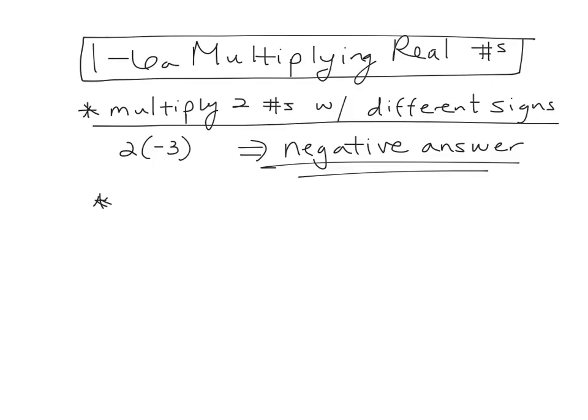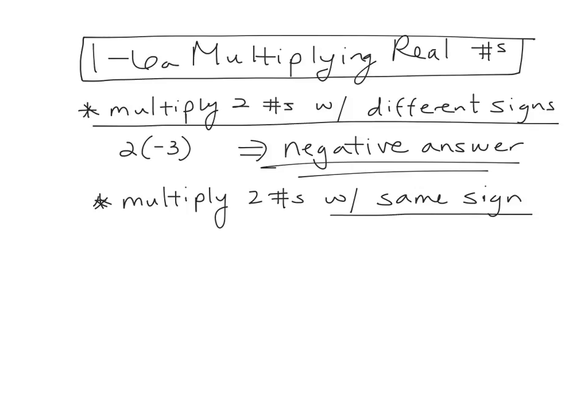If you multiply two numbers with the same sign, so like 3 times 8, or maybe it's -3 times -8, what will your answer be, positive or negative?